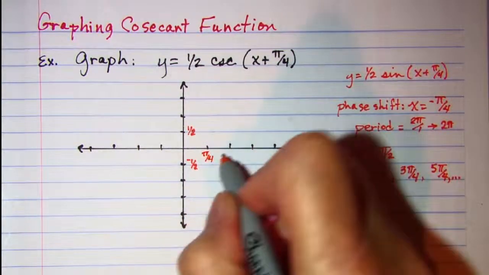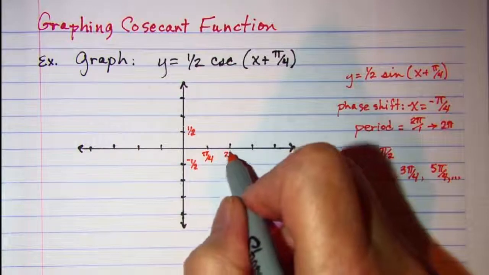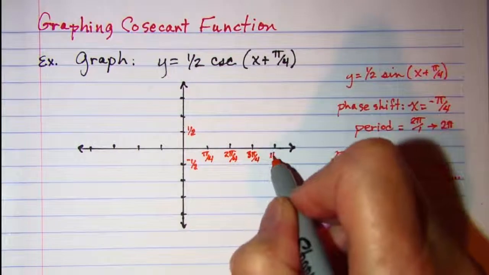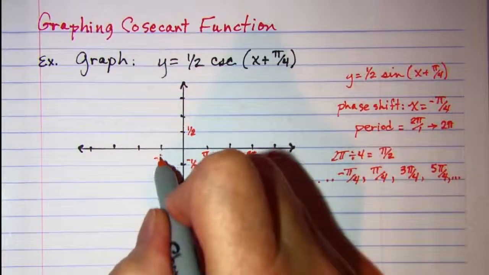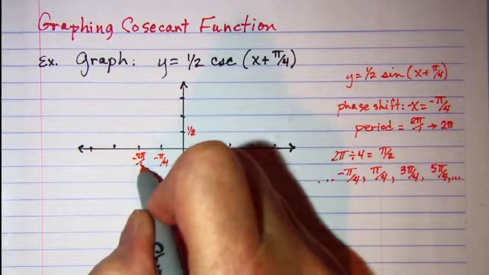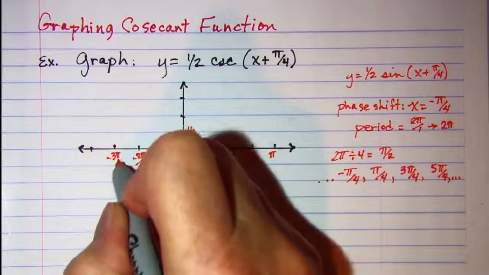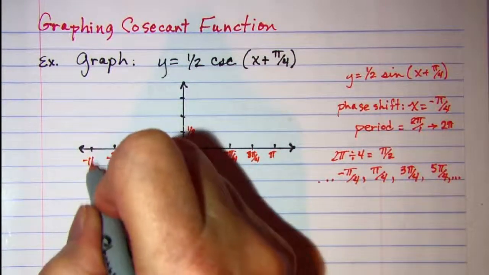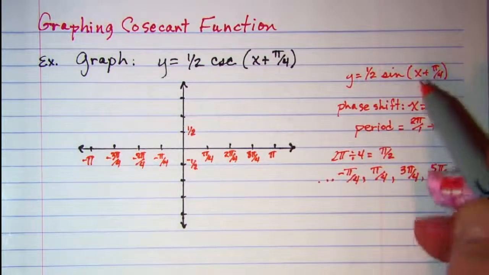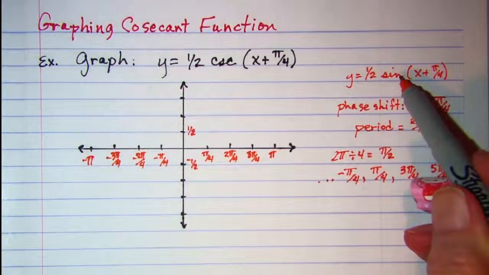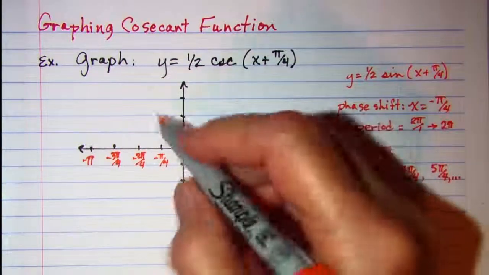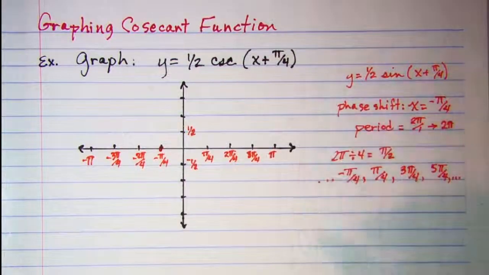So pi over 4, 2 pi over 4, 3 pi over 4, and 4 pi over 4, negative pi over 4, negative 2 pi over 4, negative 3 pi over 4, and negative 4 pi over 4. So my sine curve is at the center line at my starting point, which was negative pi over 4. So here's my beginning point for my sine curve.